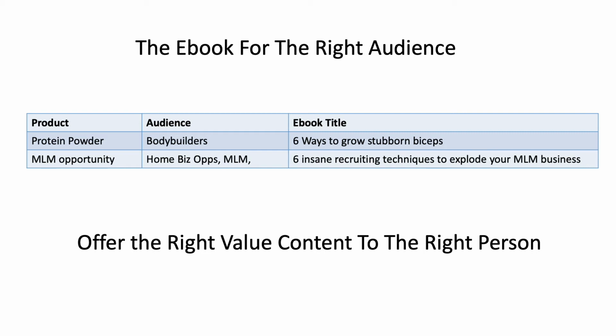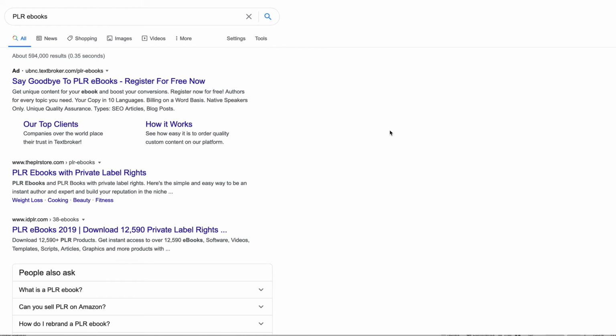So when we're creating our ebook, we've really got 4 choices for creating our lead magnet. So let's take a look at the 4 options. Option number 1 is to use a PLR ebook, private label rights ebook, and you can find these by searching on Google. Private label rights ebooks basically means that you have the rights to give them away, sell them, edit them, change them, pretty much do what you want with them, depending on the rights of the ebook, which it will state when you purchase it.